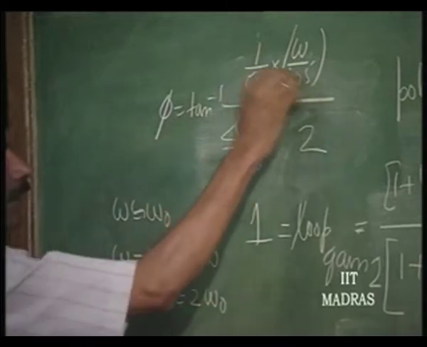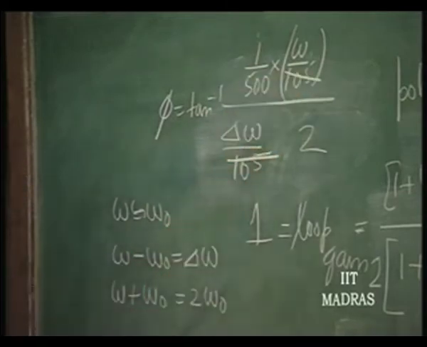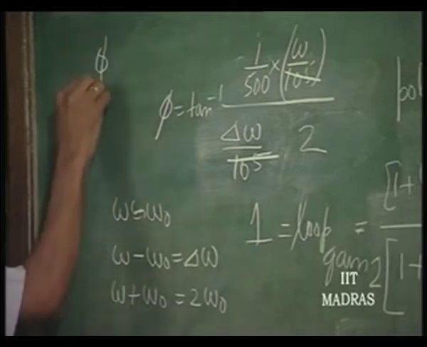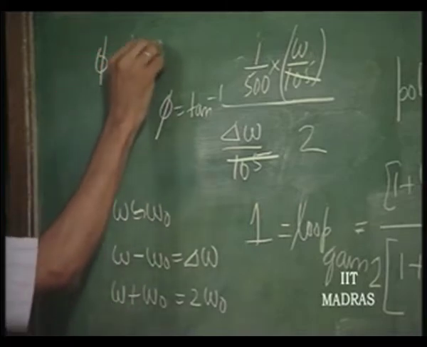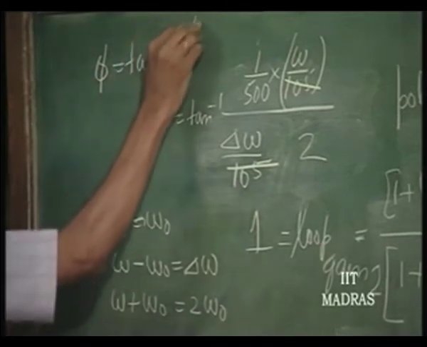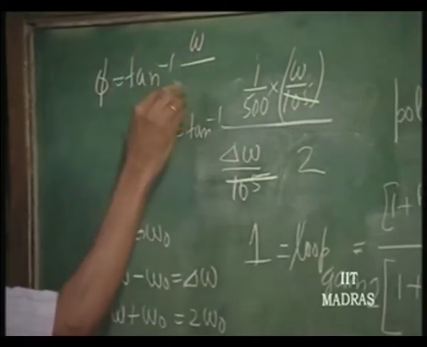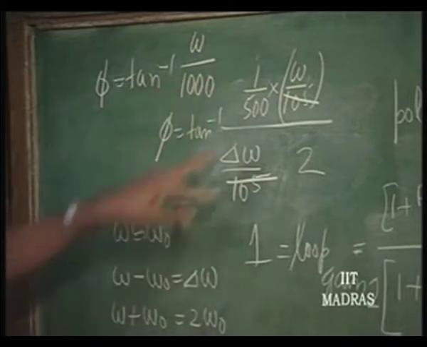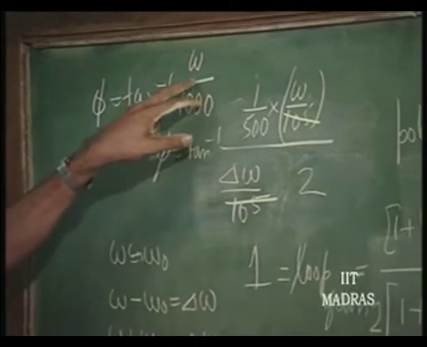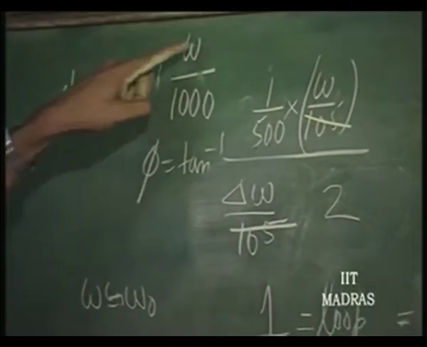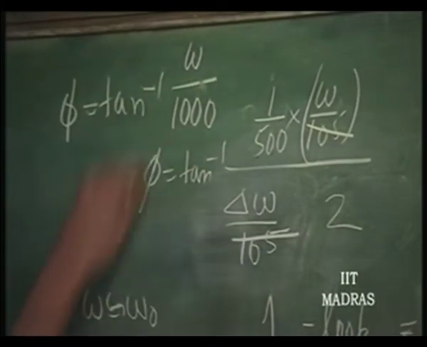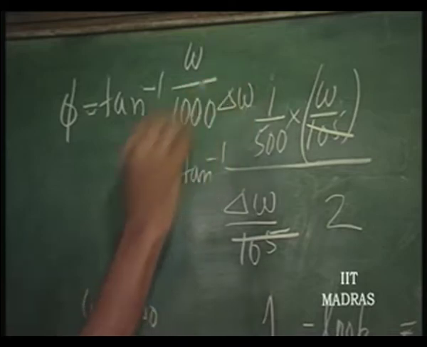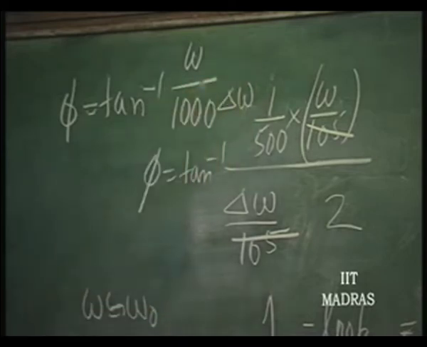So, this 10 to power 5 gets cancelled with this 10 to power 5, we get this phi as tan inverse, okay, omega by, okay, 1000. This is important, you can see that the Q factor will come in the denominator of this, right, 1 by 1000, okay, omega by delta omega. Is this clear?